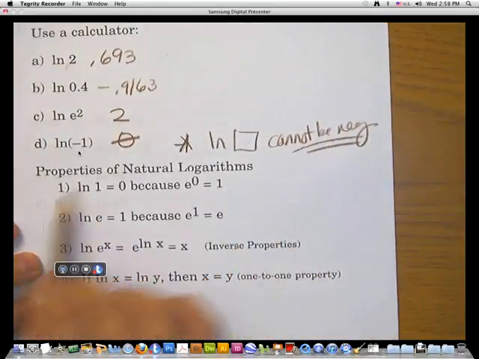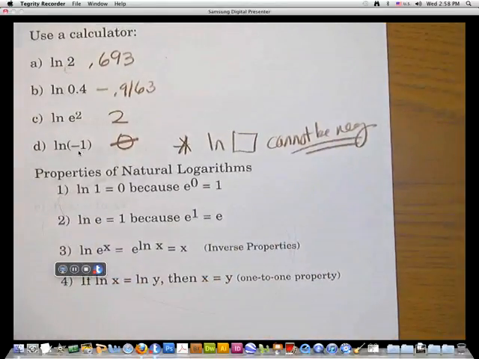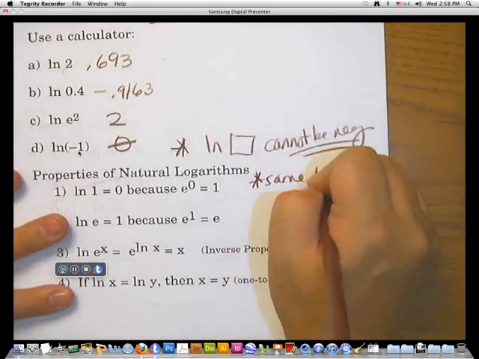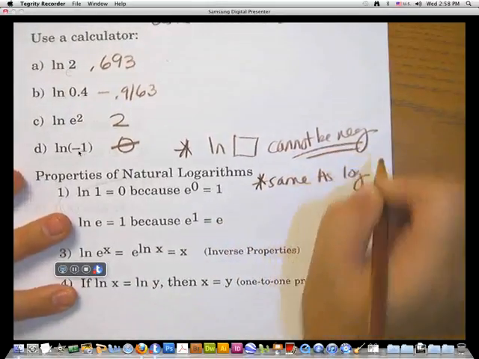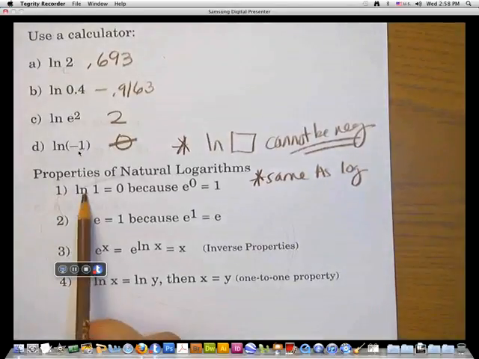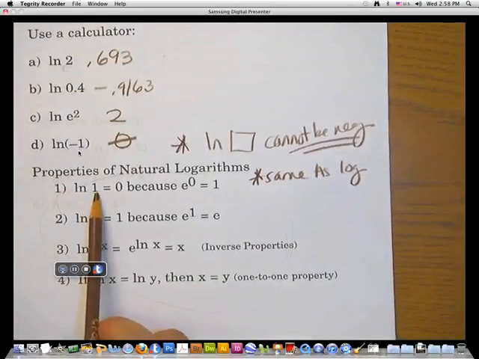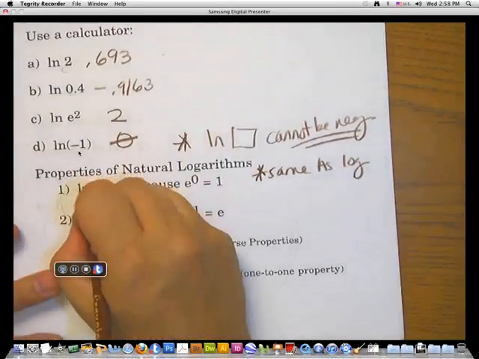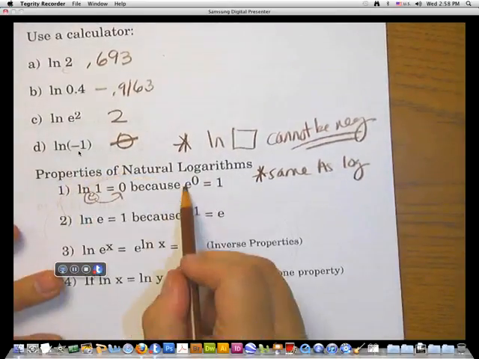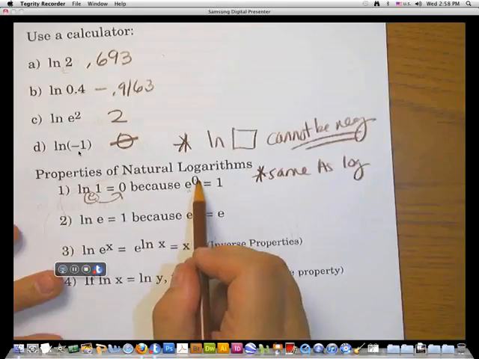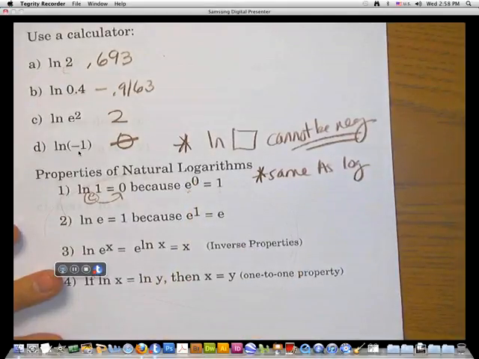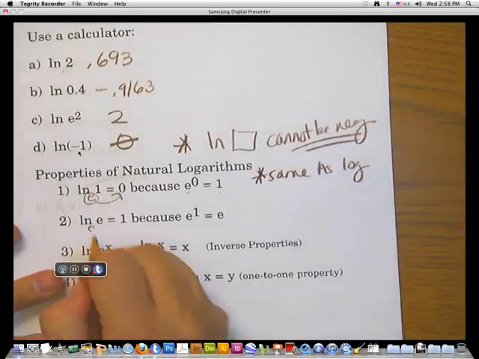The properties of our natural log are exactly the same as the properties of our logs. So it doesn't matter if it's ln or log. ln of 1 is always 0, because anything to the 0 is 1.